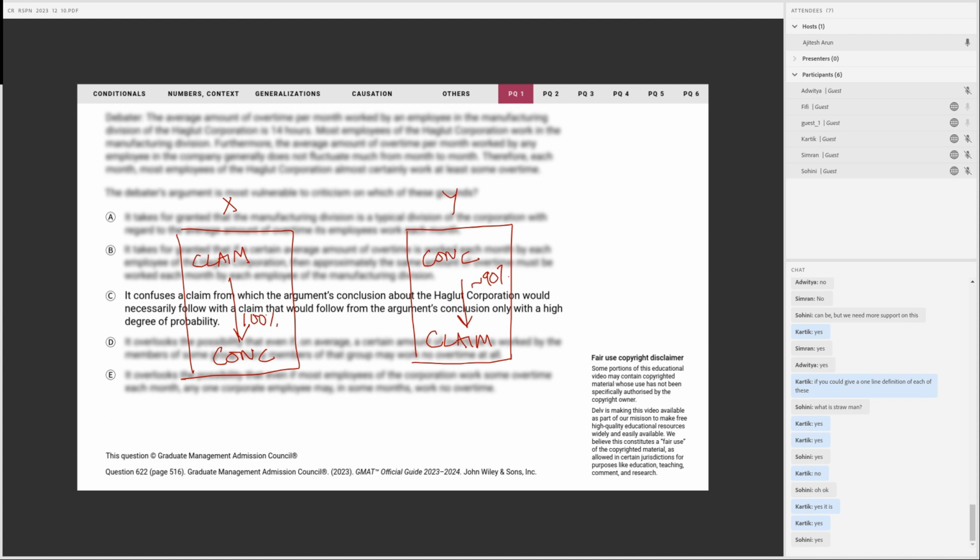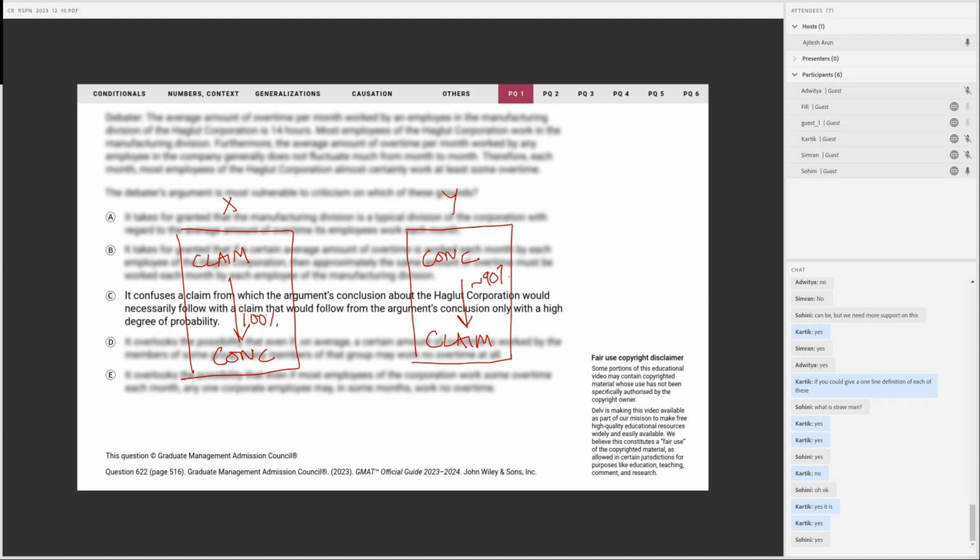Just a quick check. Are we comfortable with what option C is saying? Let me have a yes or no, or unmute if you have questions. Ajitesh, can you repeat this one once more? Absolutely. When we say a claim from which the conclusion would follow, are you comfortable saying that the conclusion is being derived from that claim?